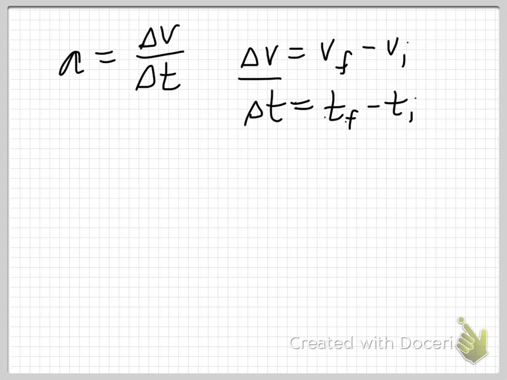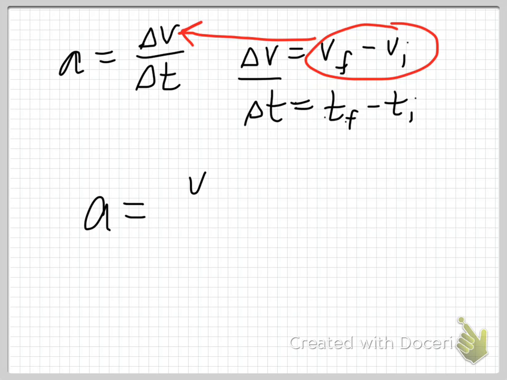Okay. Because of that, what we can do is take this and insert it. We're going to do a lot of this. So we say that acceleration is equal to VF minus VI over delta t.